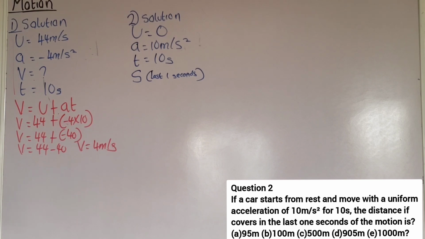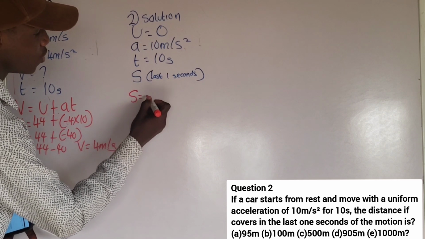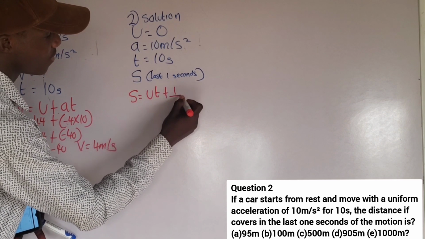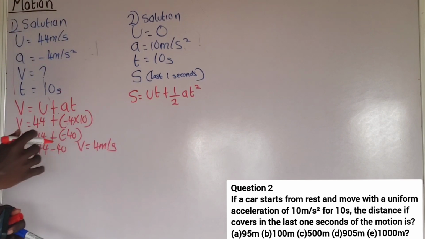You understand? So, in an attempt to do this, which equation of motion are we going to use? We are going to make use of the second equation of motion, which is what? S equals ut plus 1 over 2 at squared. Now, this is the equation that we're going to use.